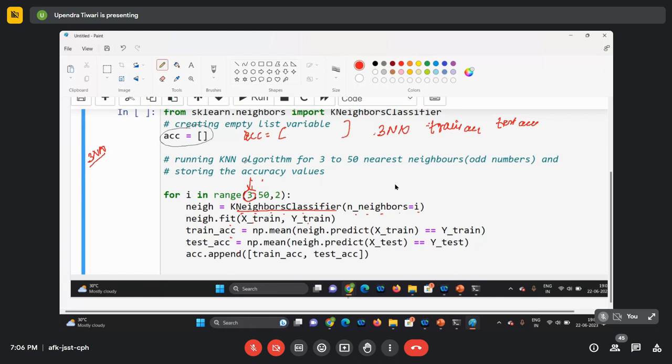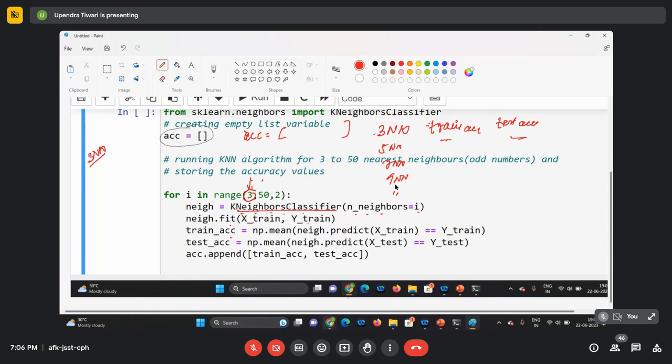So in this way, we'll build the model for 5NN, 7NN, 9NN, 11NN. And for each nearest neighbor, we'll have some train accuracy and test accuracy. So what is our criteria? We'll try to see that value of K where the train accuracy and test accuracy both will be very high and they will be very close to each other.